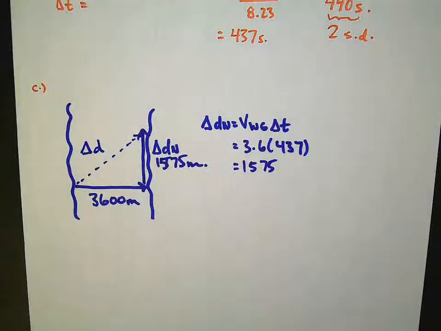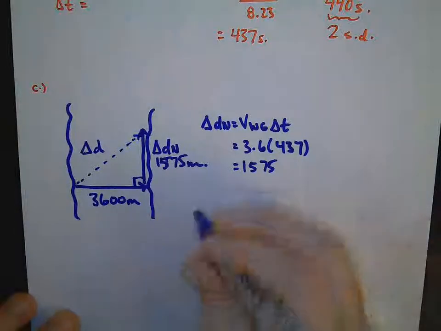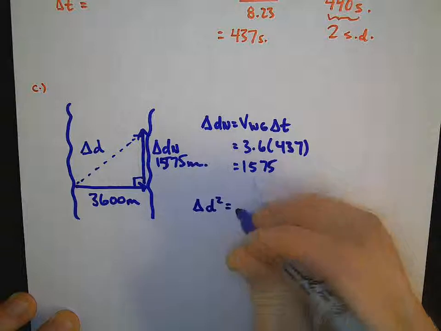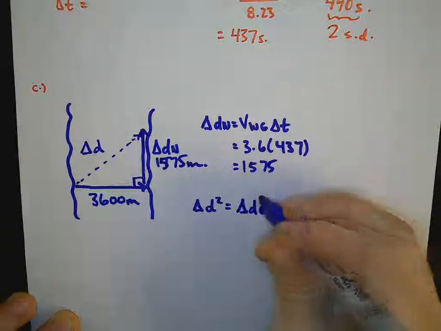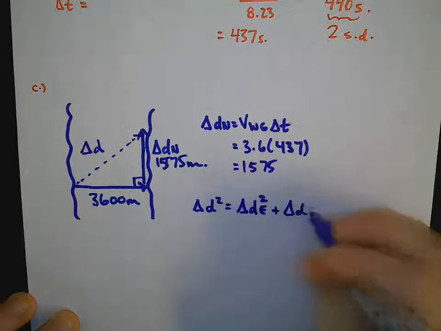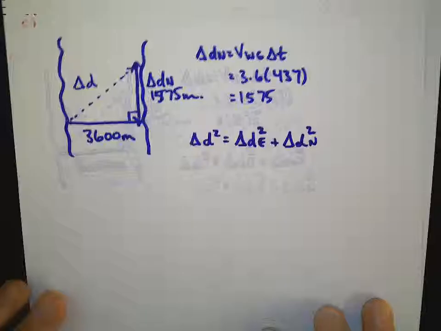So we can calculate what the actual displacement of the swimmer was. And again, we assume because north and east are perpendicular, 90 degrees. Therefore, by Pythagorean theorem, we can take the square of our displacement east and the square of our displacement north, and calculate where the landing position was.